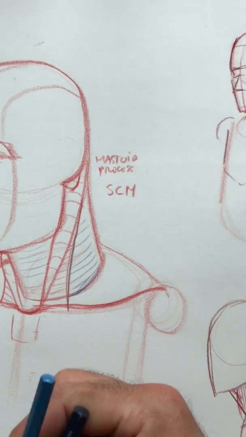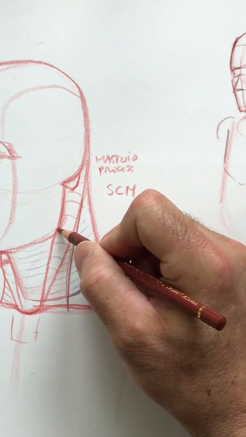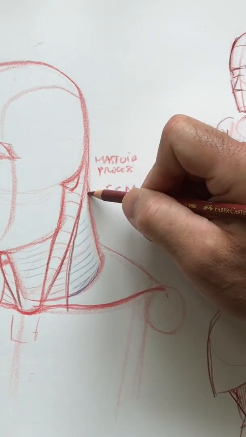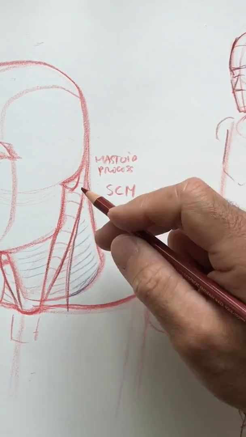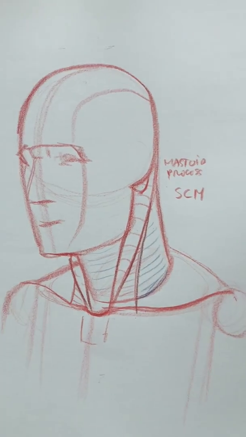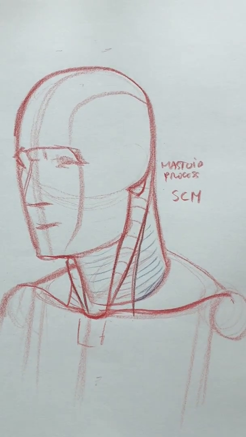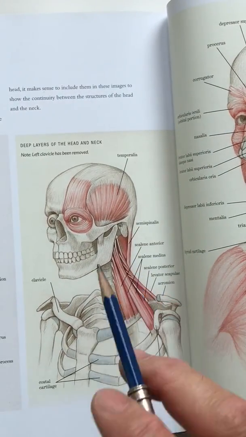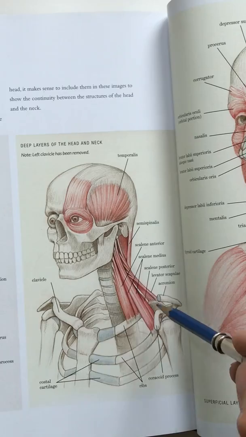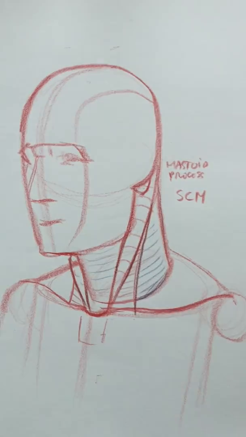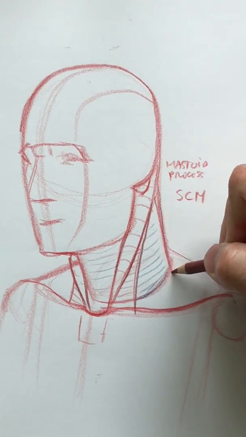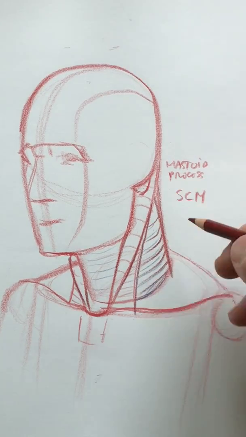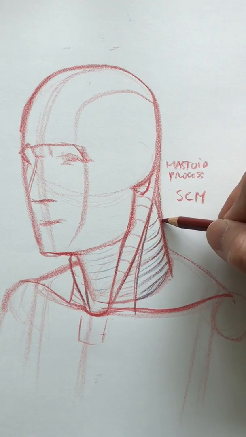So now here I have the sternocleidomastoid like this, right? And then this volume here is created by another group of muscles which are called scalenes. Scalenes are very complicated. These are the scalenes, right? A lot of them. So let's imagine them as a very simple conical shape like this, right? And behind this group in here, I have the trapezius.